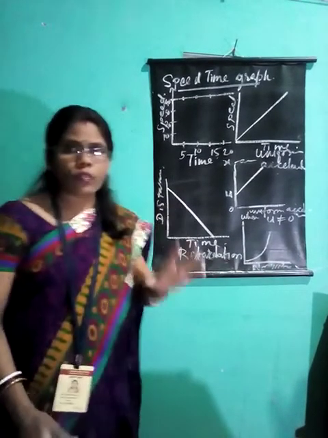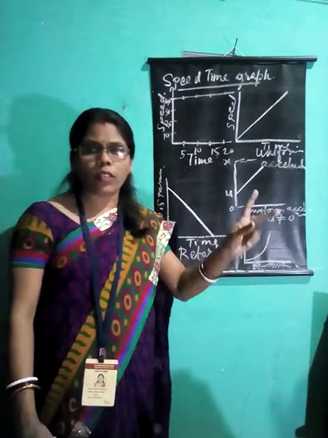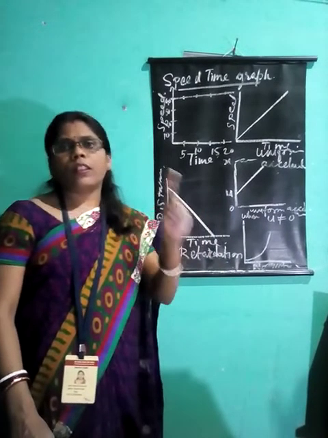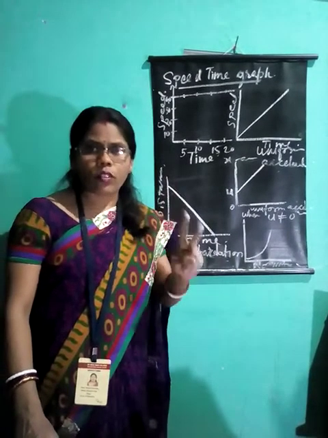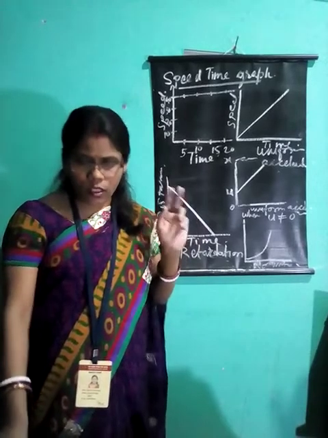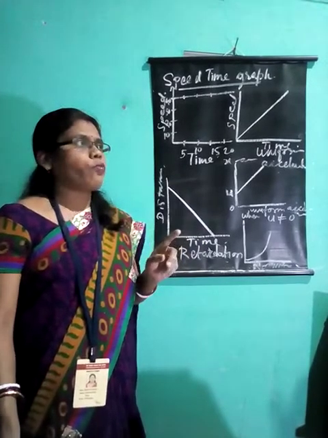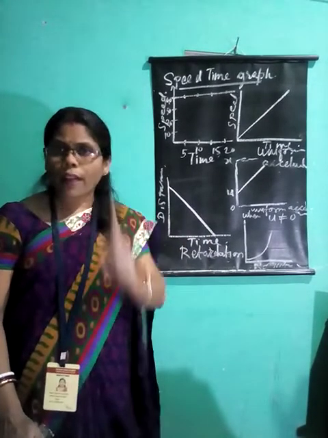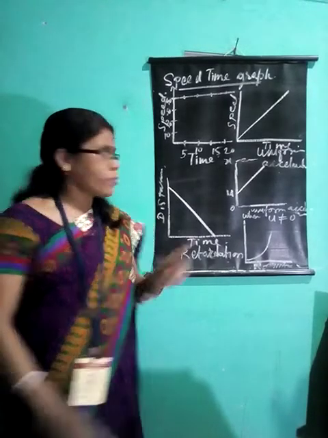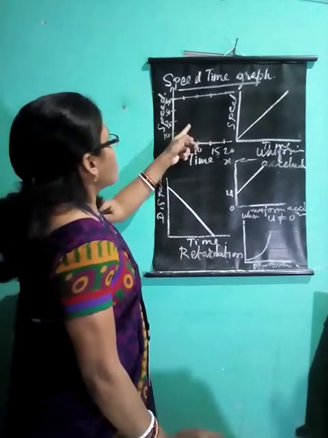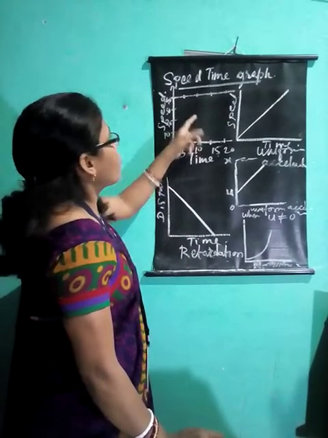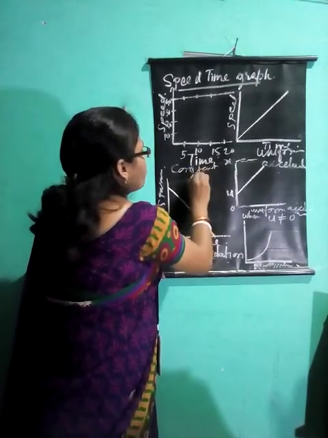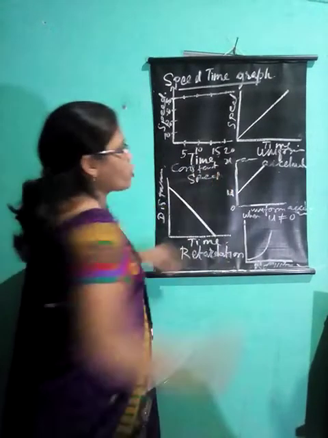So till now we have studied the distance time graph and the speed time graph. The distance time graph for uniform speed is a straight line. For non-uniform speed, it is curved. Now the speed time graph for constant speed is a straight line but parallel to the x-axis, that is, when the speed is fixed.